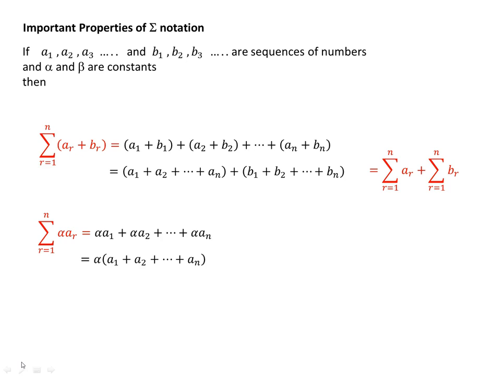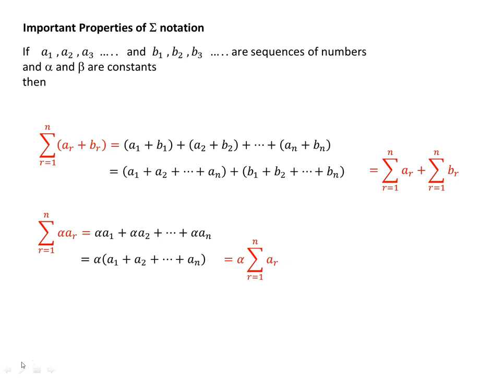So if we extract the common factor of alpha, we've got alpha times A1 plus A2 all the way along to AN, which of course is just alpha times the sum between r equals 1 and n of AR. And that's our second property of sigma notation.